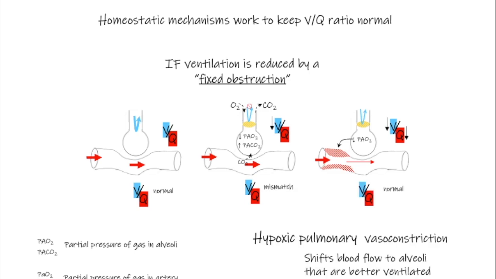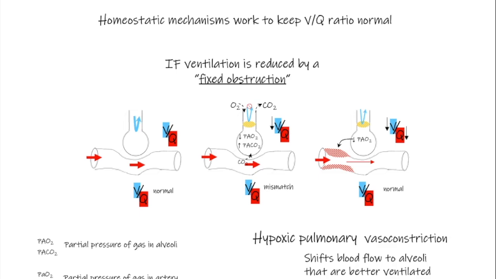Now this is unusual because in systemic circulation, we saw that reduced oxygen actually caused vasodilation, but in the lung, it causes the opposite effect. This is a specific term called hypoxic pulmonary vasoconstriction, where hypoxic means low oxygen.